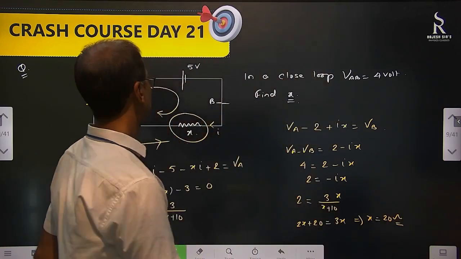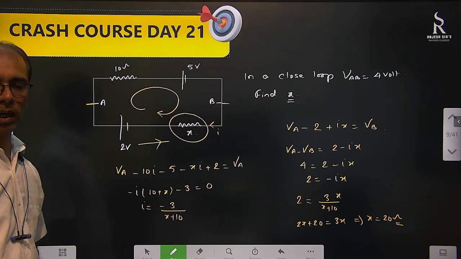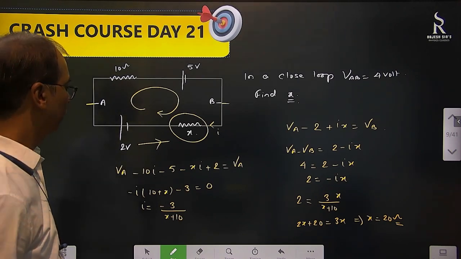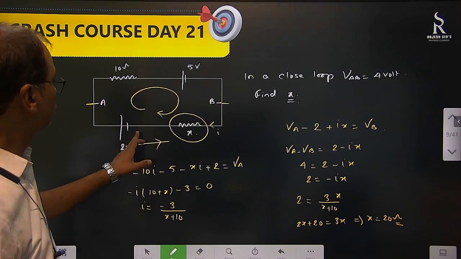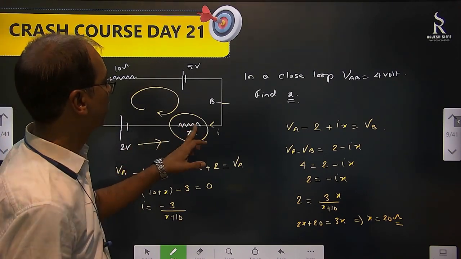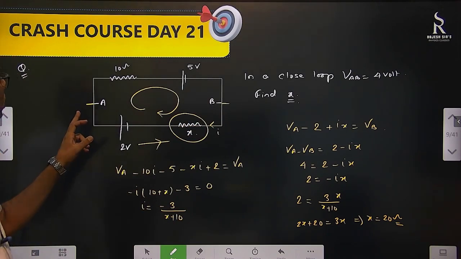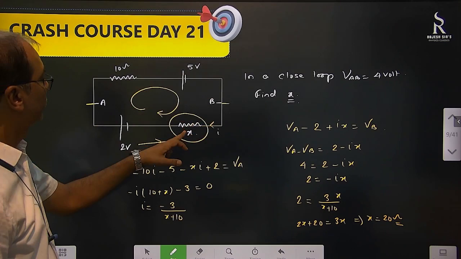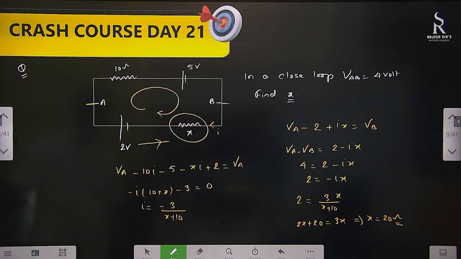X is 20 ohm. Right. So that is fine. If I have not made any mistake, VA minus 2 plus Ix equal to VB. That's fine. And here VA minus 10I minus 5 minus XI plus 2. Yes, fine. Okay, so that's the answer. X is equal to 20 ohm.